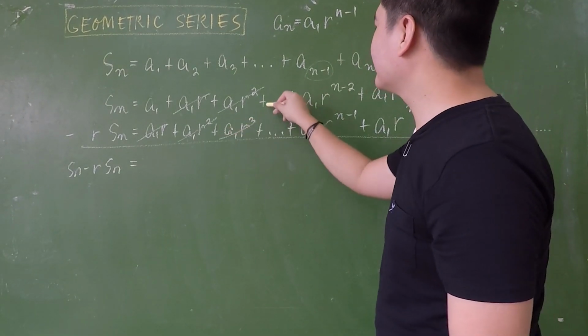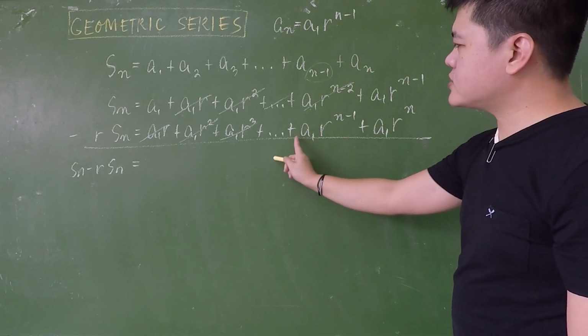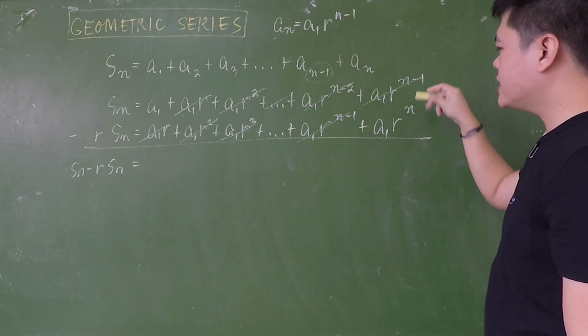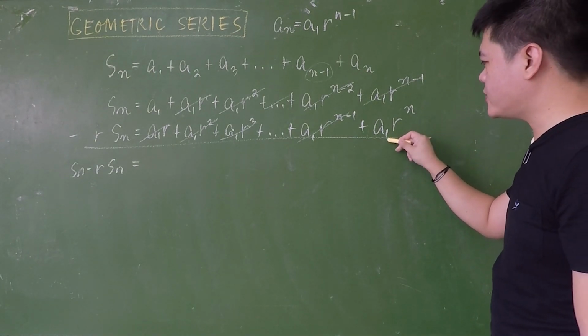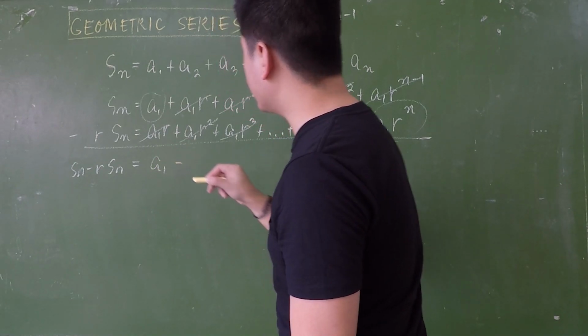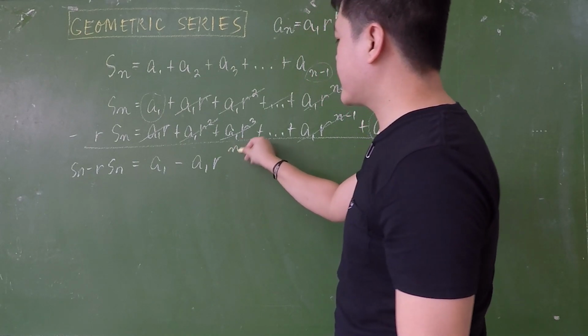Siyempre, ito, makakancel na to kasi merong n minus 2 nandito. So, cancel na yon. A sub n minus 1, cancel na to. May iwan ito, which is negative. So, ang naiwan lang ay ito, tsaka a sub 1. So, this will become a sub 1 minus a sub 1 r raised to n.